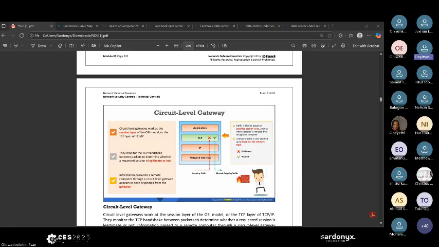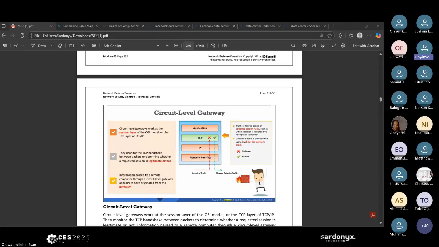Okay, then let me make it complex for you. Do you understand when I was talking about PDUs, protocol data units? I didn't understand the entire thing.